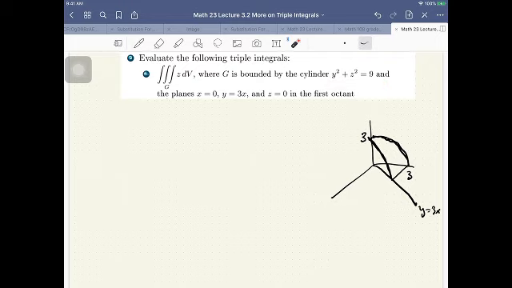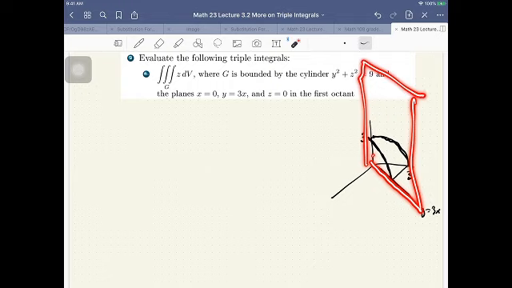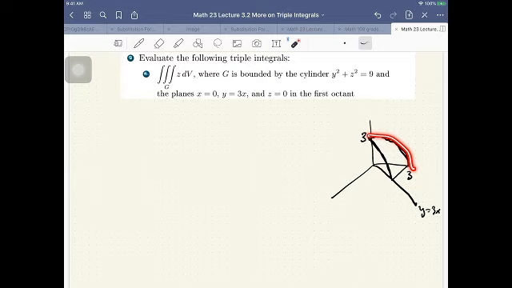But we have to note also that there's another boundary, which is y equals 3x. And this is again another cylinder because z is missing. So I'm just going to draw y equals 3x on the xy plane and then propagate it along the z-axis. So you see, this is a boundary of the solid, and so you have a circular cylinder over here, and then you have a plane here.